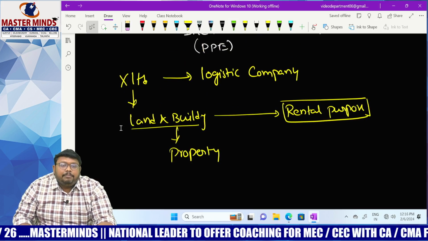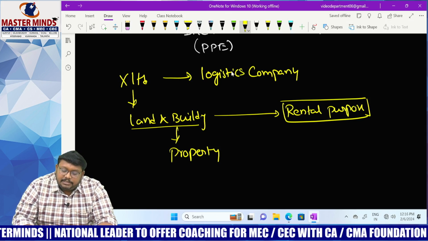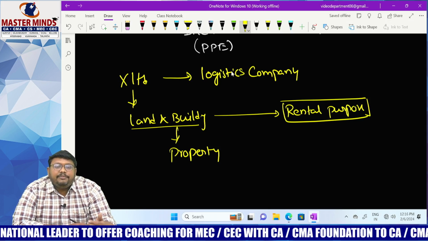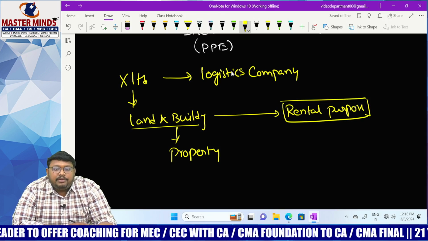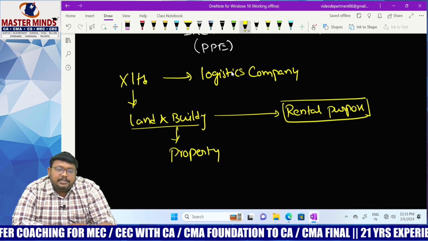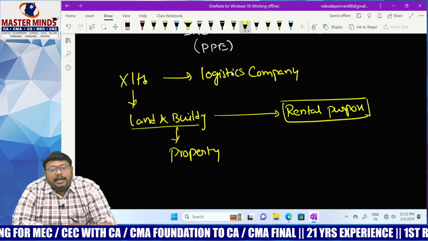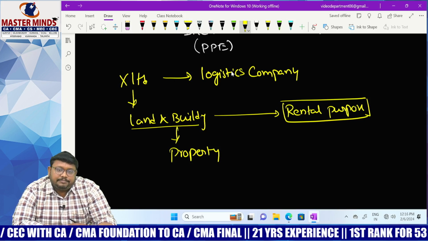For example, my main business is not a logistics company. Instead of that, my major business is giving buildings for rent. In that condition, that is business purpose. Now here, my company is a logistic company, whose purpose is transportation of goods and services. But what I did here is purchase one land and building and keep that for rental purpose.